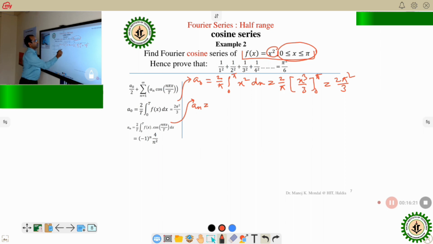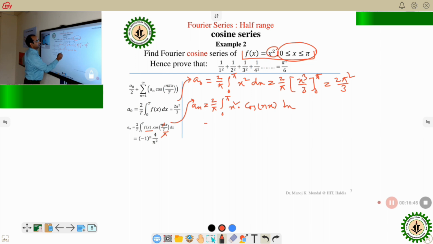that's equal to 2 by pi integration 0 to pi, f(x) means x square and cos nx dx, because here the period is pi, so pi cancels, it is nx.